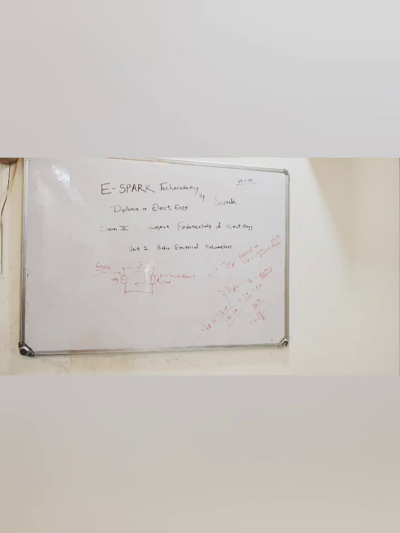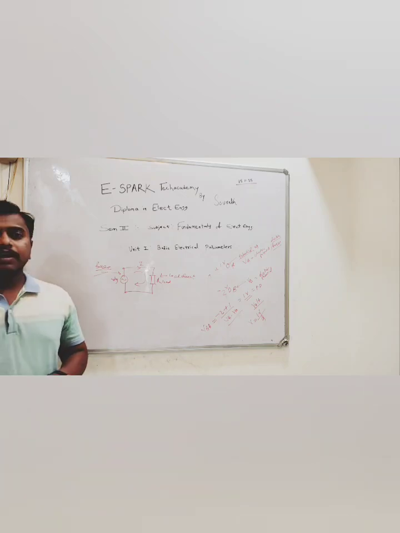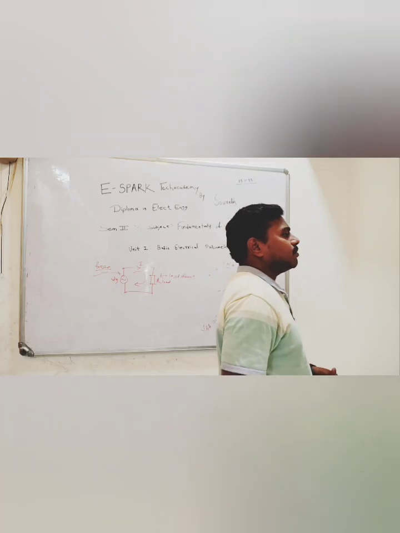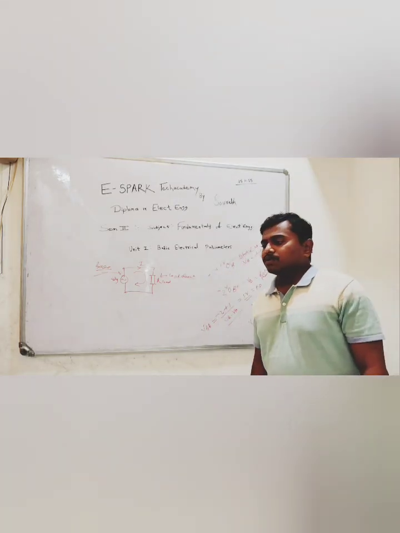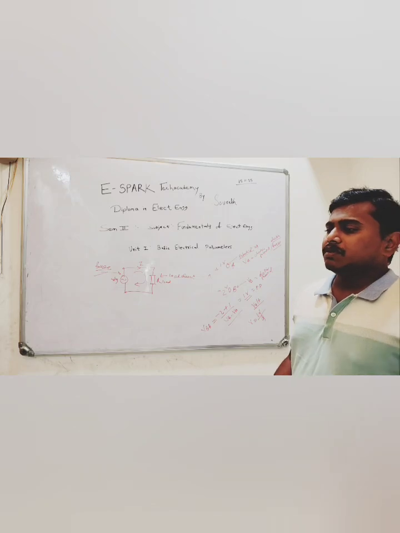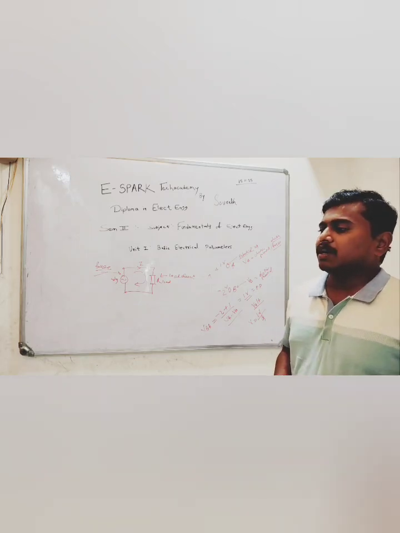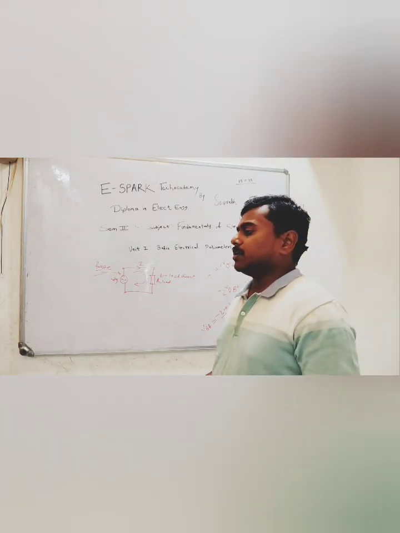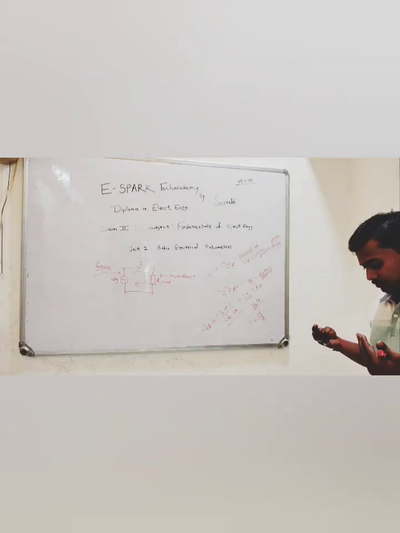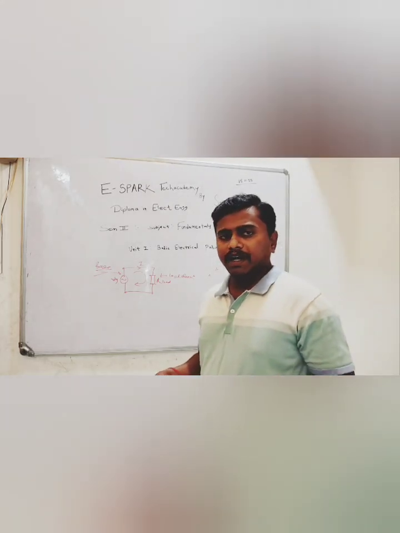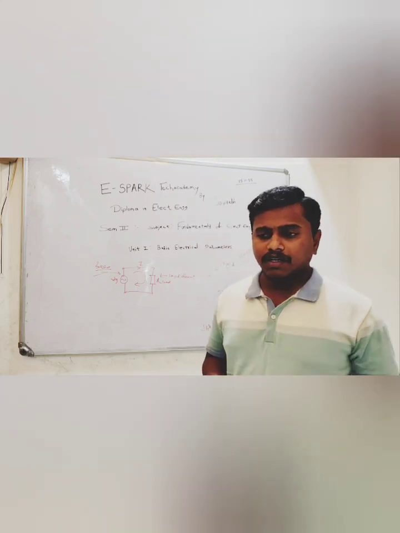Now what is electromotive force? Electromotive force is nothing but a voltage which is generated by the source. It may be with the help of a generator that we generate EMF, or through a battery also you can generate the EMF.